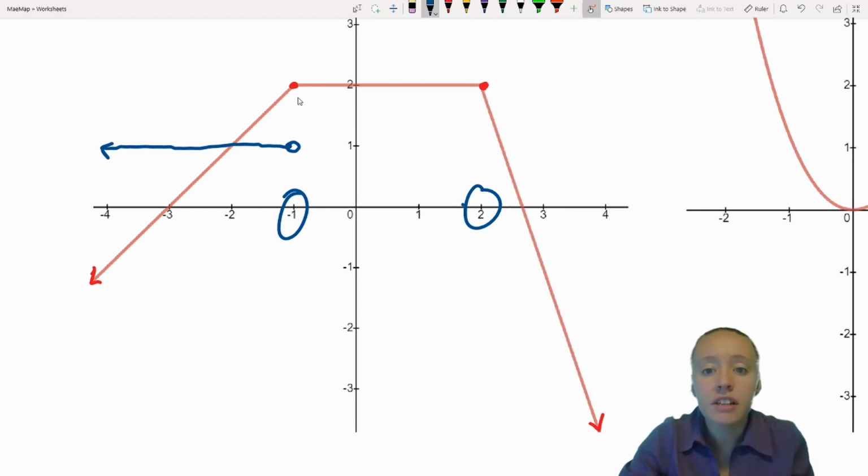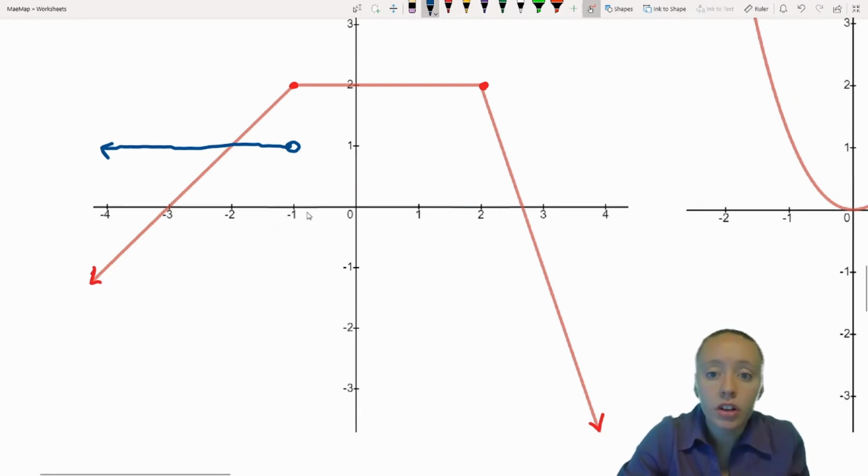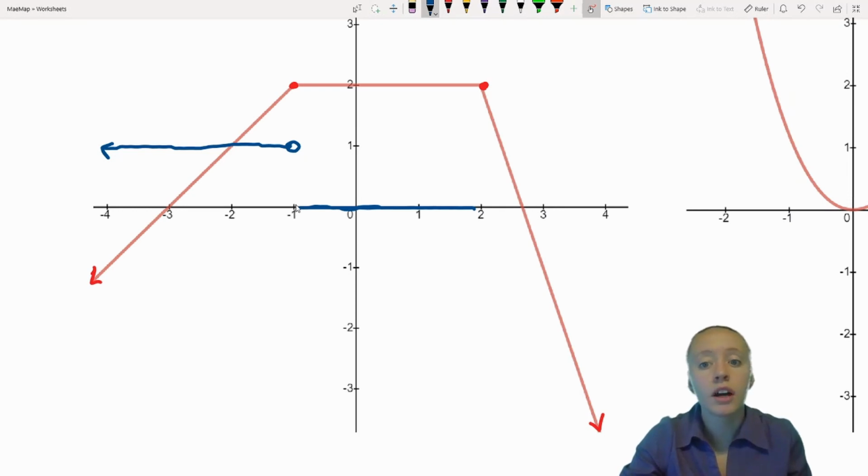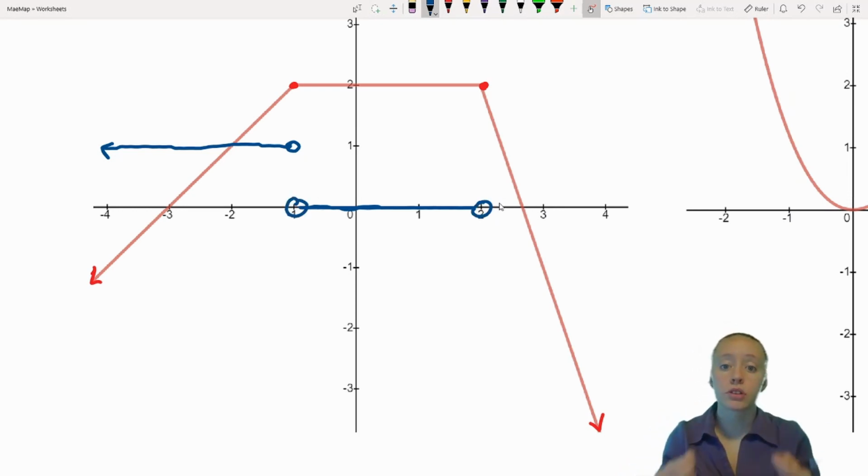And it's equal to 0 from -1 to 2. So when we graph this from -1 to 2, we're going to draw our line on the axis. From -1 to 2, we have a 0 slope, so the derivative needs to reflect that and also be 0. And again, we're undefined at -1 and 2, so open circles around those.